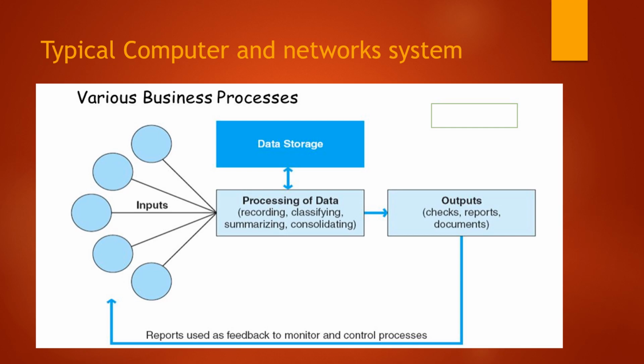And then ipaprocess yan. Processing of data: recording, classifying, summarizing, and consolidating. Of course, there is the data storage, no, your database. And there is also the output, checking the reports and documents. And dapat may feedback tayo.